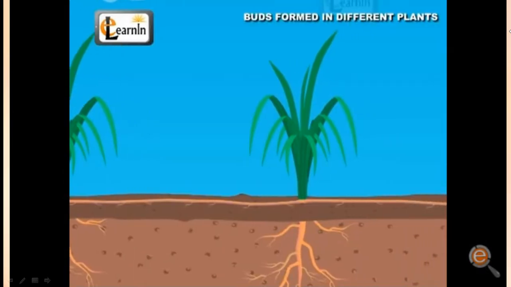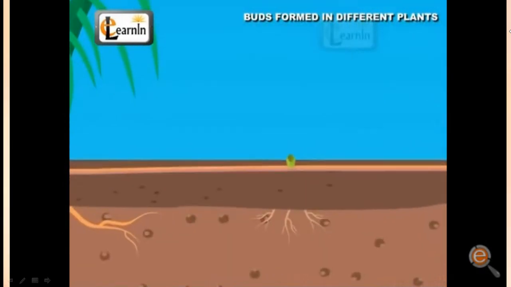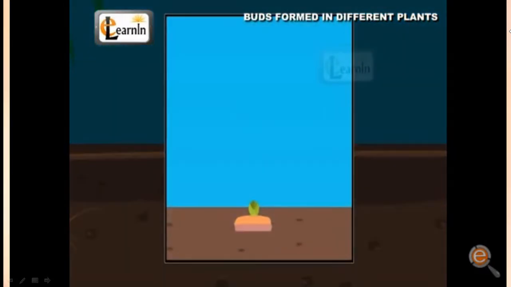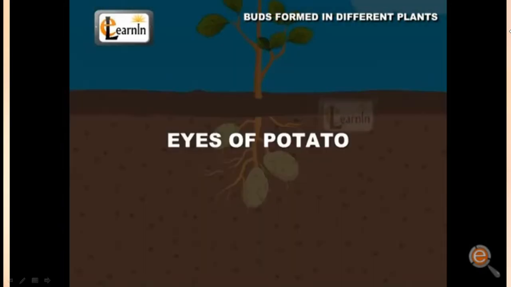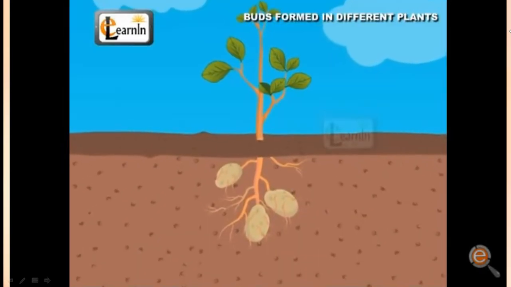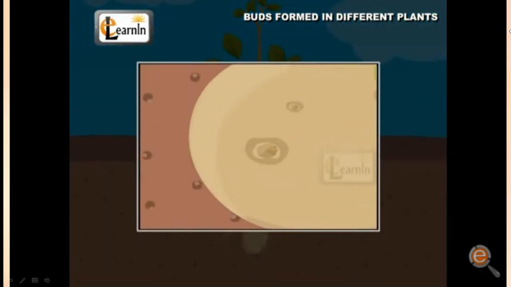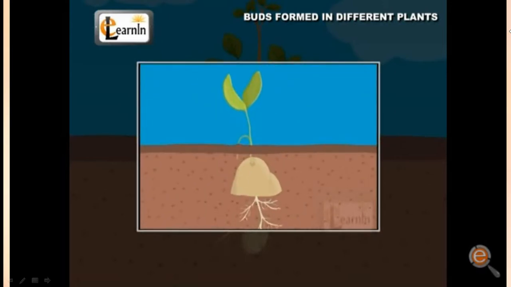Nodes. Grass plants have a weak stem. The internodes are long, and the nodal portions will have roots and axillary buds. When they are cut at internodes, these buds develop into independent new plants. Eyes of potato. Potato tuber is a modified stem. The shape of these structures is similar to an eye. These are called the eyes of the potato. These eyes are cut from the tuber and germinated in the soil.